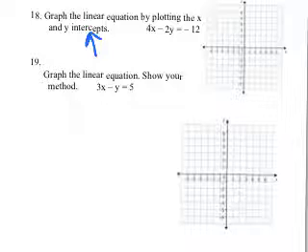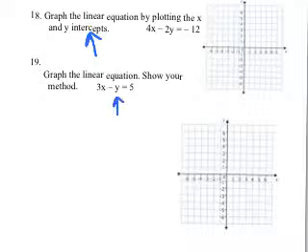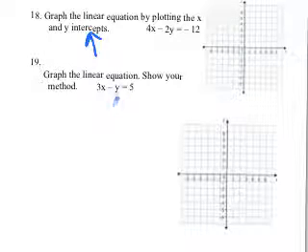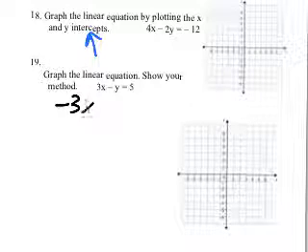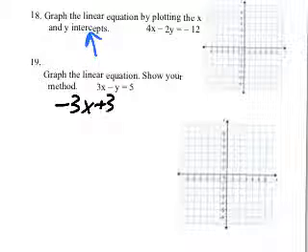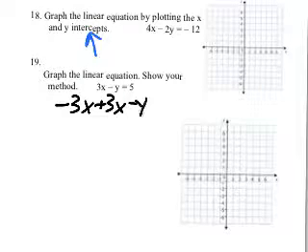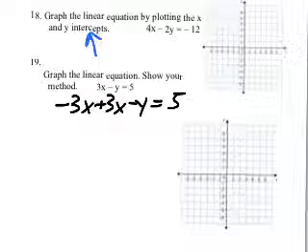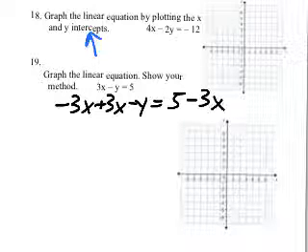So to do that, we have to get our y alone. There's our y. I want to get him alone. So we'll add a negative 3x to both sides. Okay, so negative 3x plus 3x minus y equals 5 plus a negative 3x.